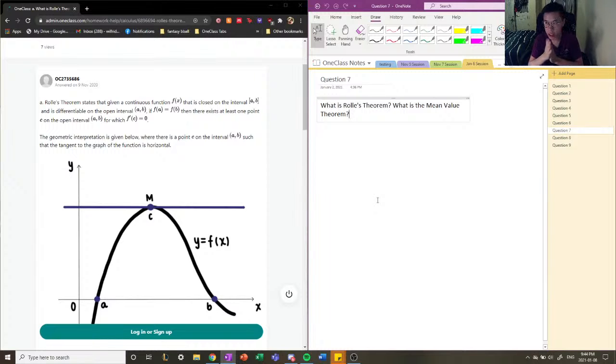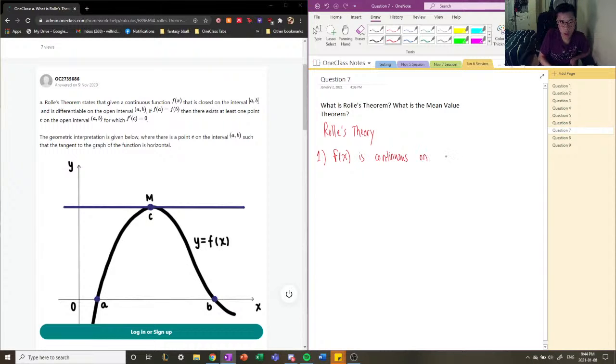So Rolle's theorem has a few conditions. So the first condition states that the function needs to be continuous. So for Rolle's theorem, the first condition is that f of x is continuous on the closed interval a to b.